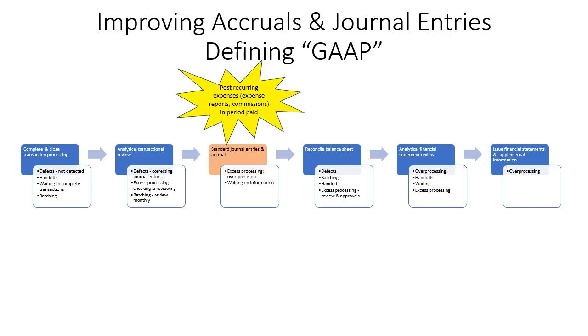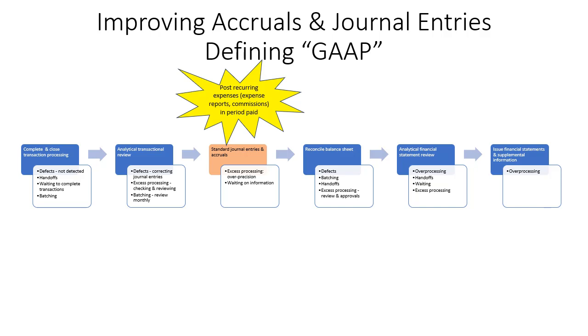So the first thing is, is it possible to post recurring expenses in the period received? Again, maybe there's not material differences month to month. For example, employee expense reports, sales commissions. You get those amounts every month.